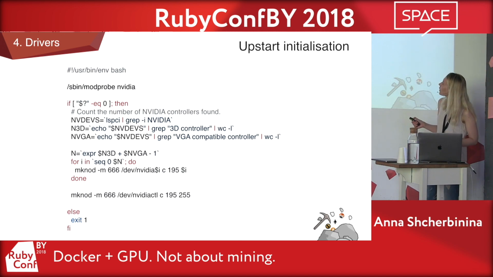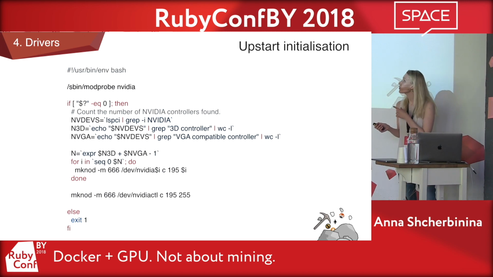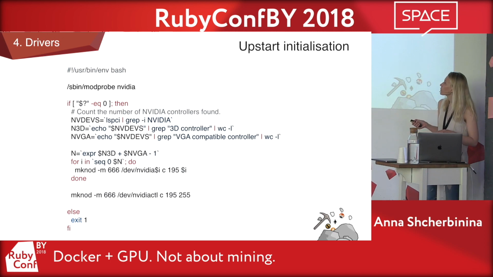I have this one. Here I'm trying to add the NVIDIA module to the Linux kernel. If it succeeds, I'm counting the number of GPU cores available, and then creates the device node for each GPU core I found. Then I create a device node for NVIDIA CTL.